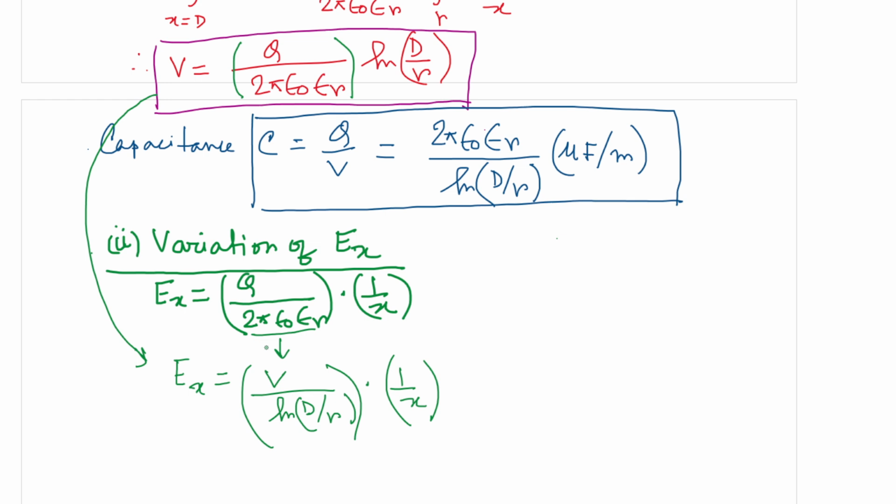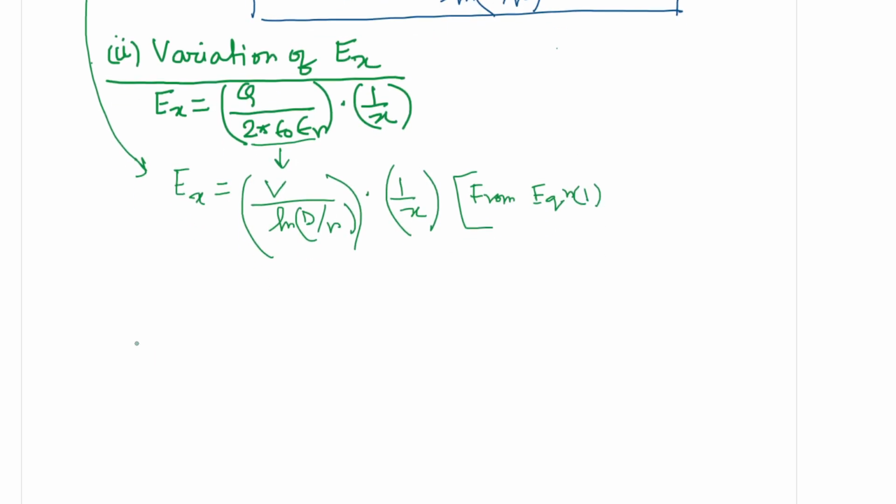So in place of q by 2 pi epsilon 0 epsilon r, from equation 1, we have substituted v by ln d by r. So from there we can write Ex is equal to v by x ln d by r, which is a very important relation.